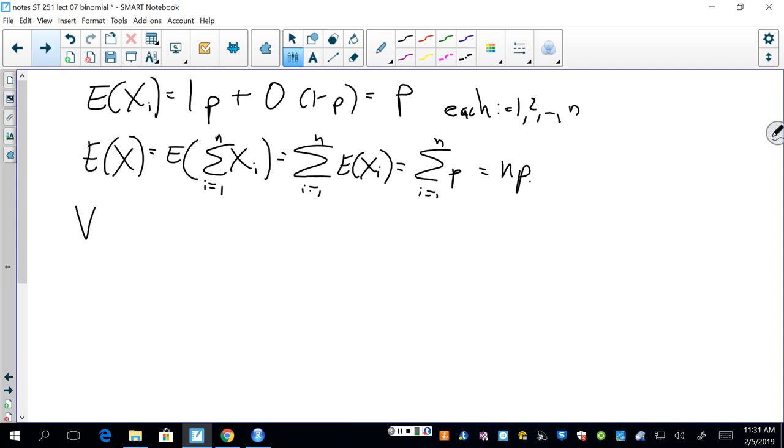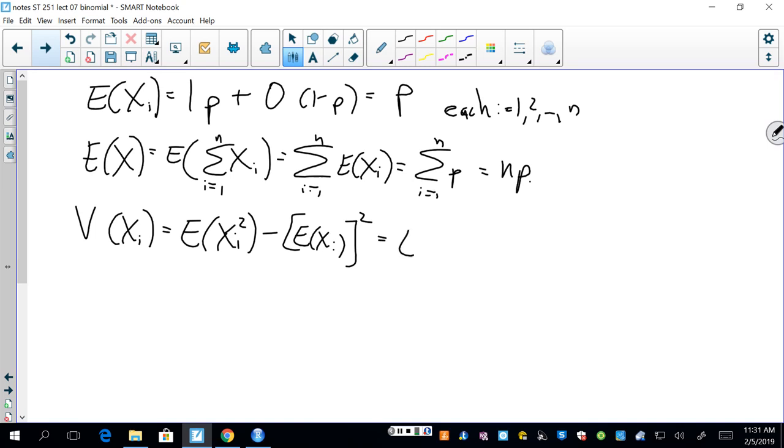How about the variance of an individual? Well, there's a couple ways to do that. Here's one thing where you take the expectation of the variable squared, minus the expectation squared.